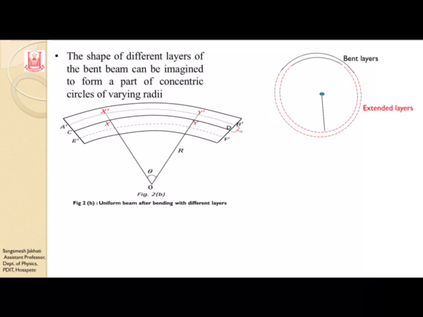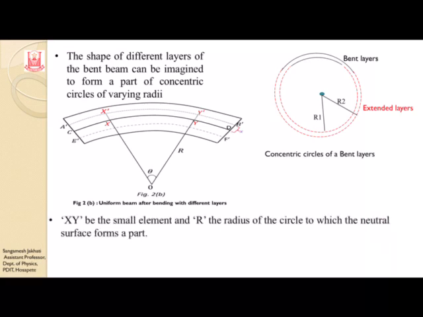If I draw a radius to the inner circle, that is R1, and another radius R2 from the outer circle, there will be two different radii, but the center is common.